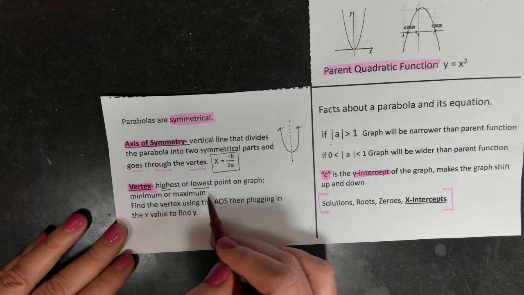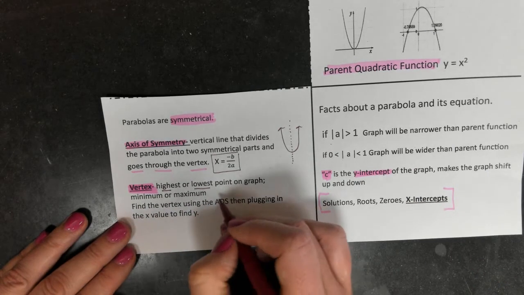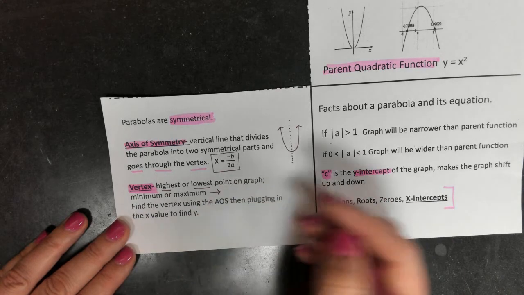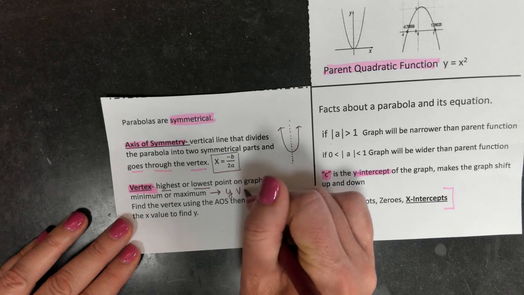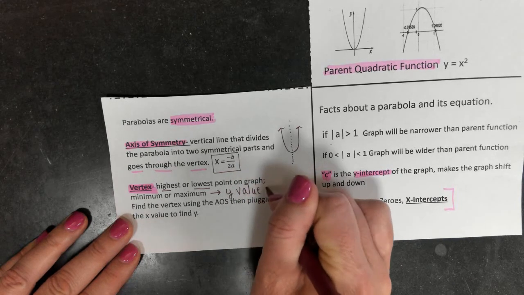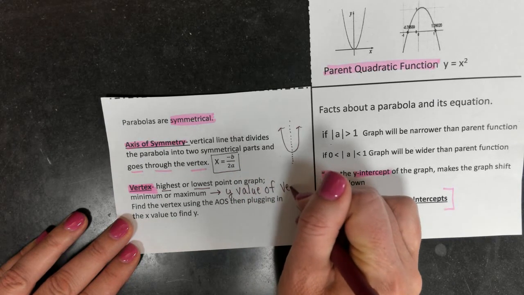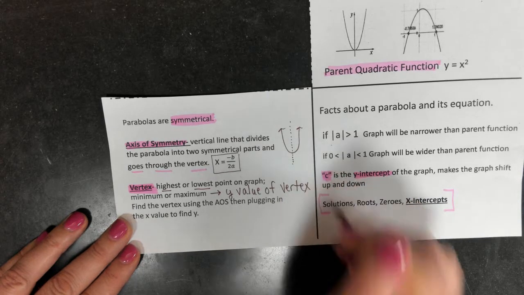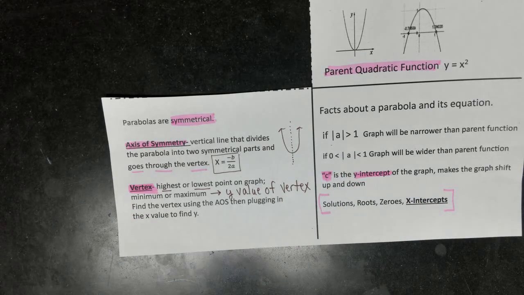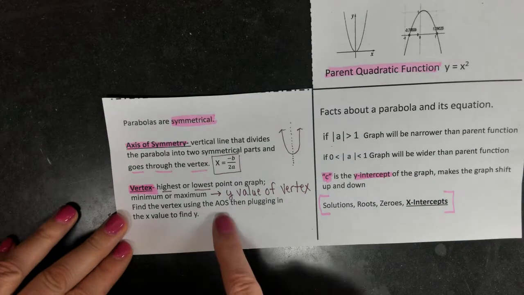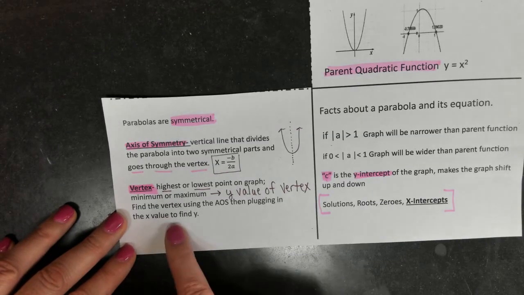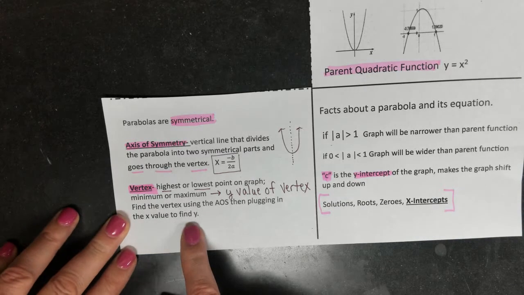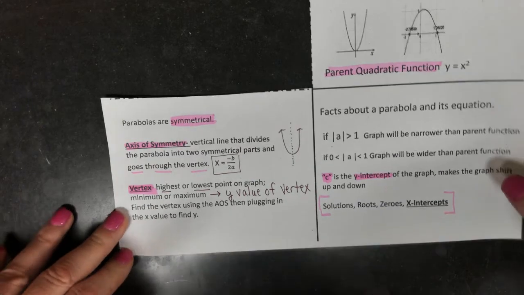Now it says minimum or maximum, but I want to talk a little bit more about that later on, because the minimum or maximum means the y value of the vertex. Okay, so it's not referring to the whole entire vertex. And it says to find the vertex, we can use the axis of symmetry by plugging it in for the x value to find y. So we're going to practice some of those here in just a second.